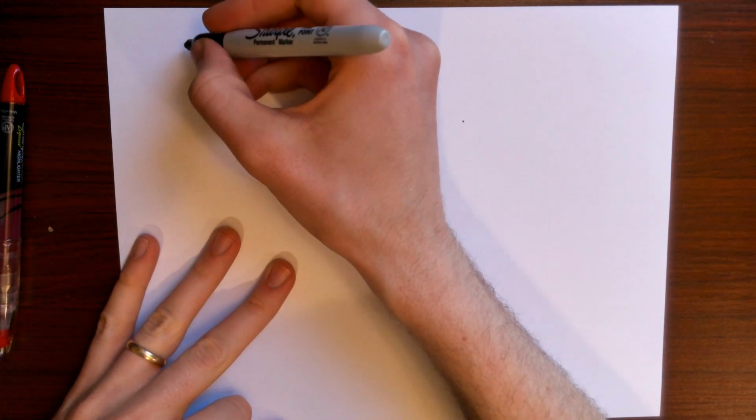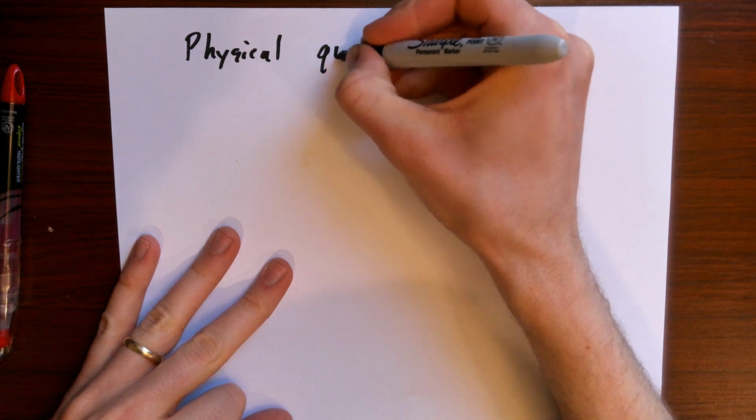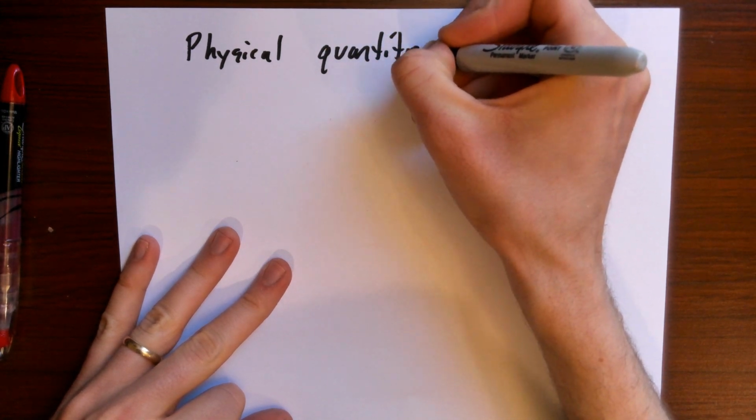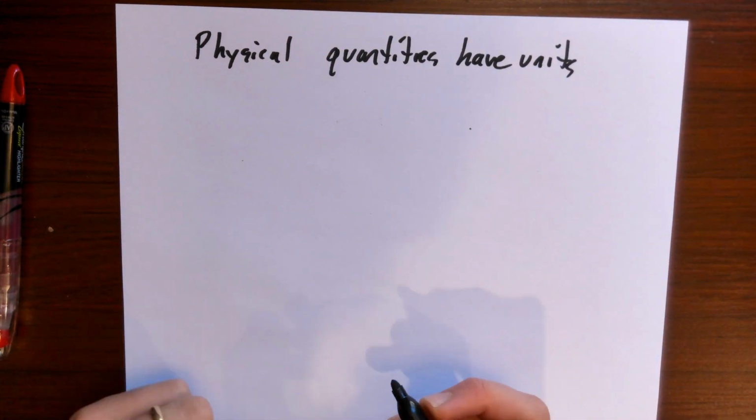So if I think about anything that occurs in real life, any sort of real physics, what do we mean by units? Physical quantities have units, right?